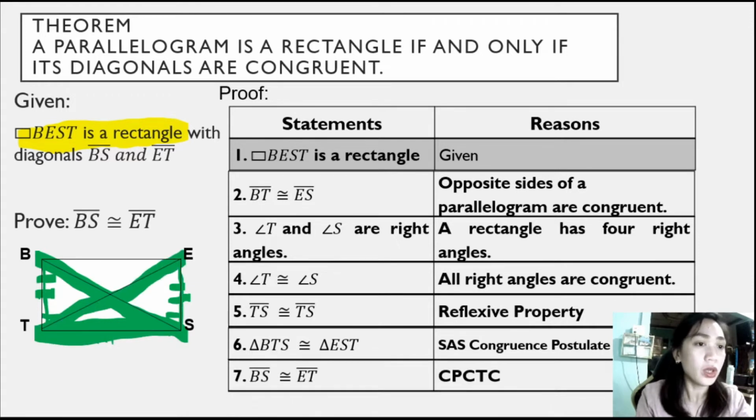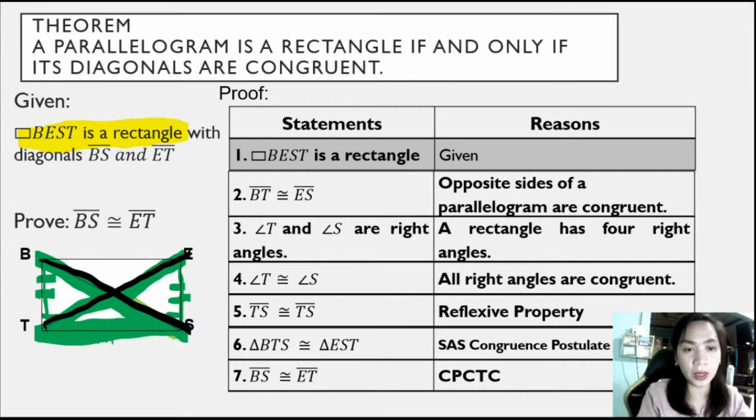Therefore, the side BS is congruent to the side ET, using CPCTC, or the corresponding parts of congruent triangles are congruent. BS and ET are the diagonals that we need to prove. So therefore, na-prove na natin siya. Ibig sabihin lang nito that the given parallelogram is a rectangle.